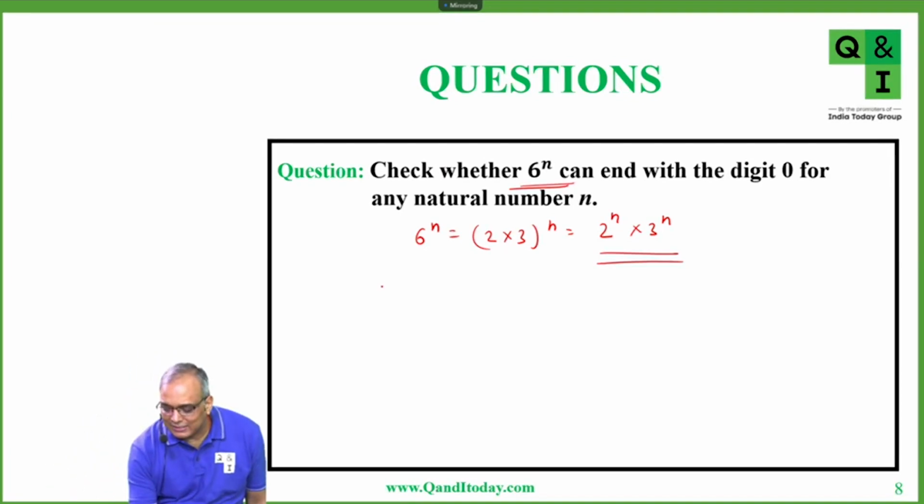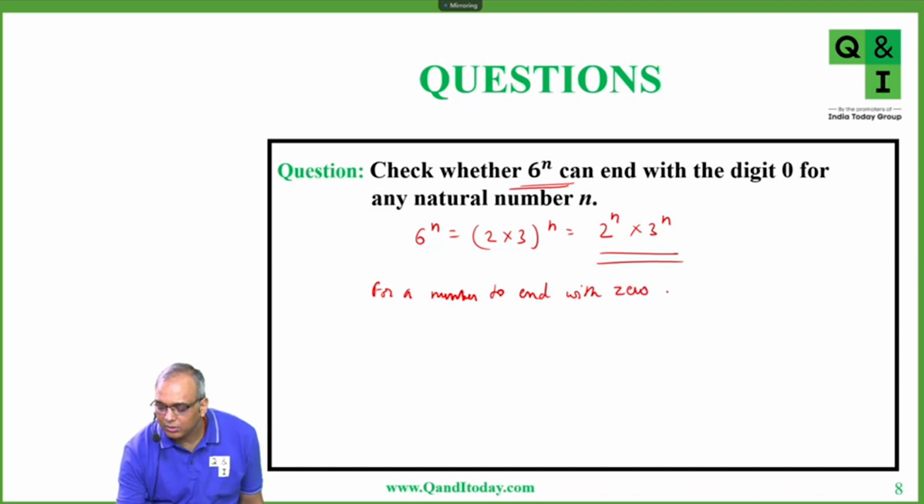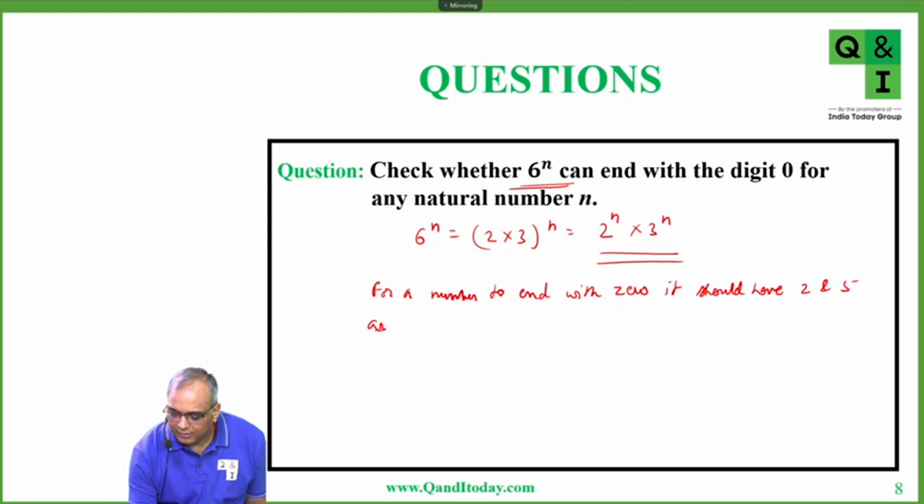So for a number to end with 0, it should have 2 and 5 as prime factors, right?